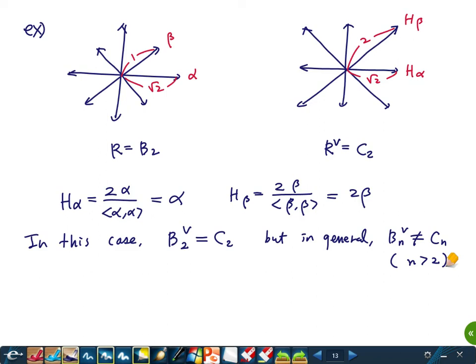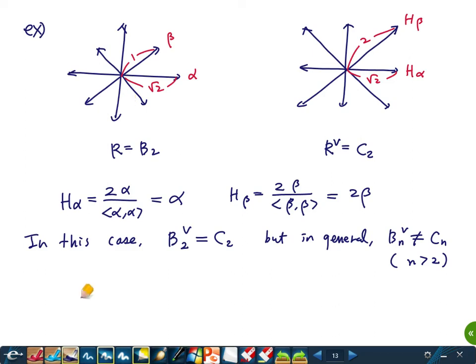And you can easily see that in this case they're isomorphic, but even when they're not isomorphic, it's very easy to see that the Weyl group must be the same, because all we are doing here is just changing one root to a constant multiple of that root.